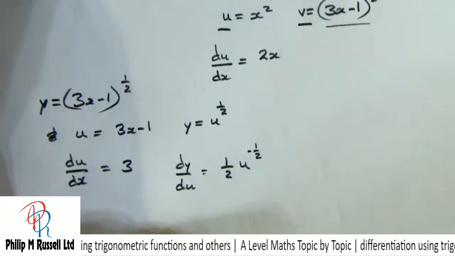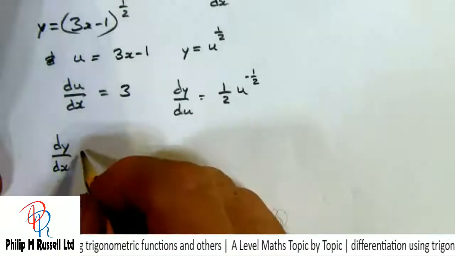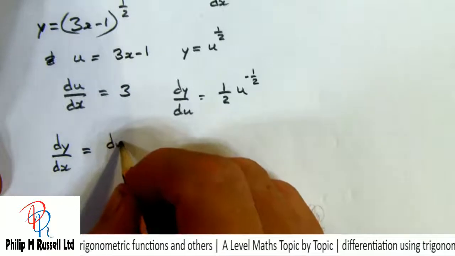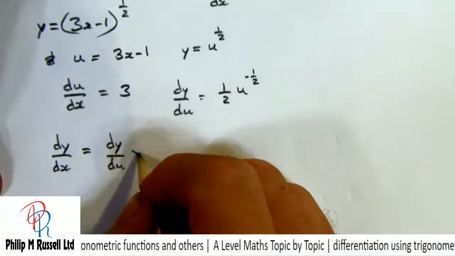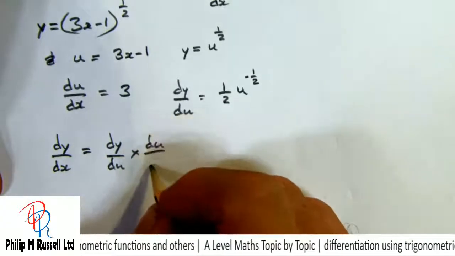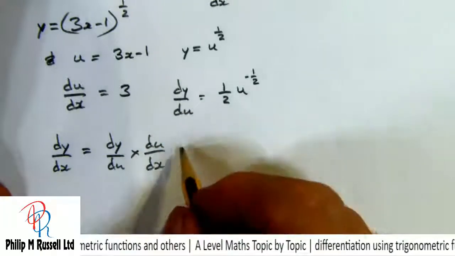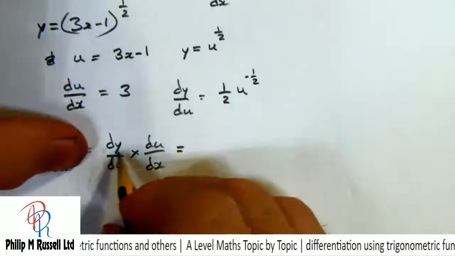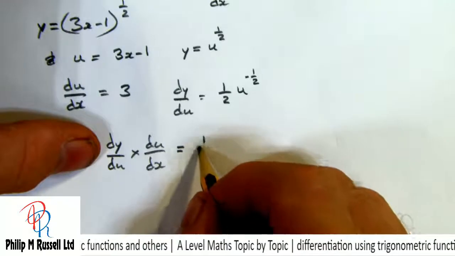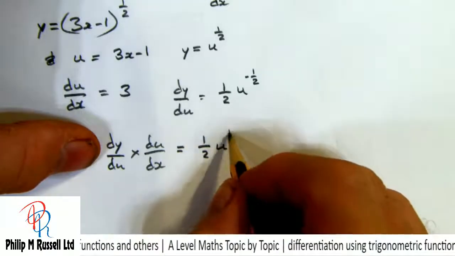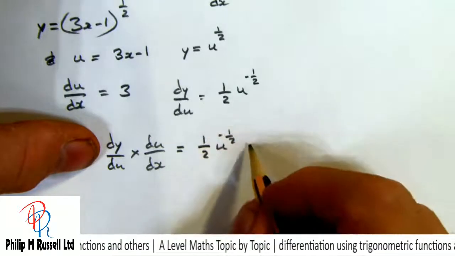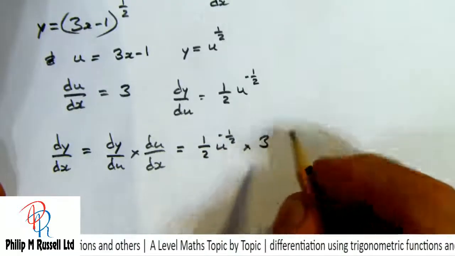dy by dx is going to be the chain rule, dy by du times du by dx. So this is going to be a half u to the minus a half times 3.